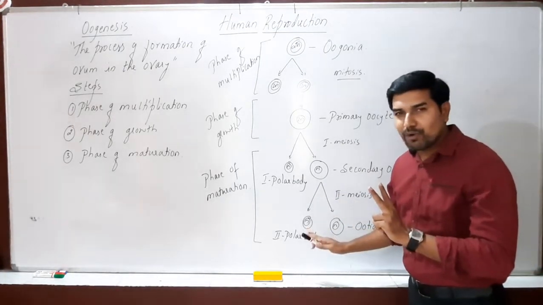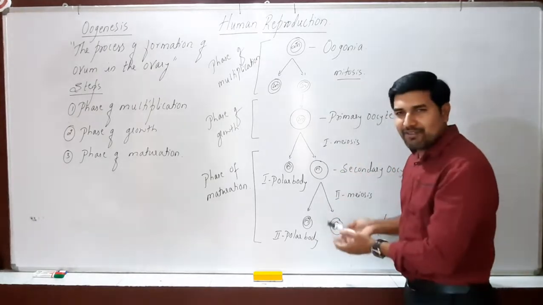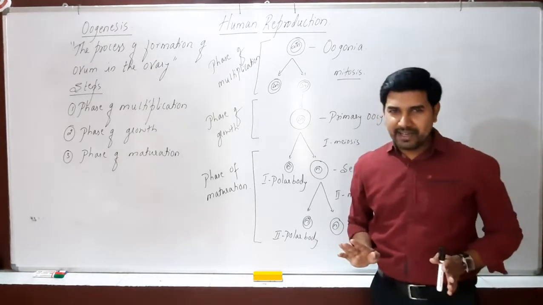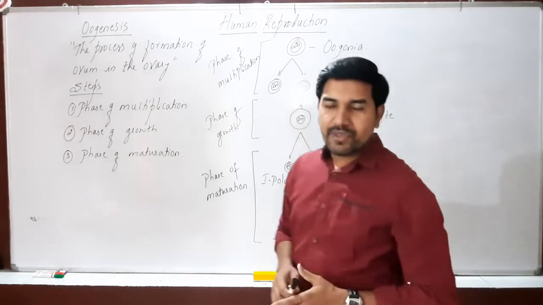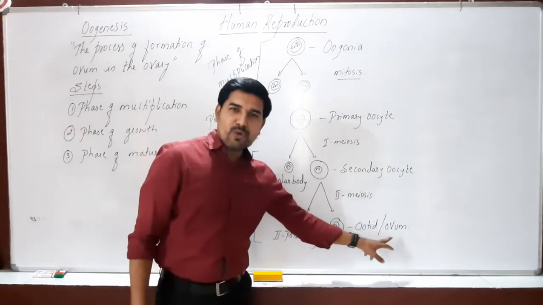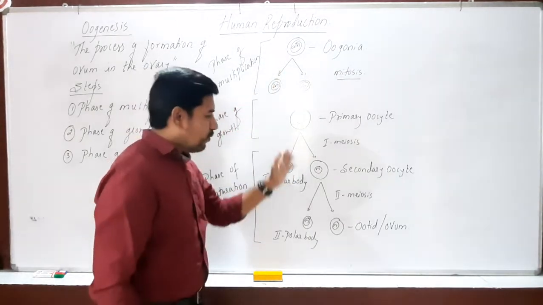What is the function of the polar body? No, it is functionless. It does not have any function, and hence the polar bodies get degenerated when they are formed. Then which is the functional egg? Ootid, which is also called an ovum. This is the functional one during the process of oogenesis.